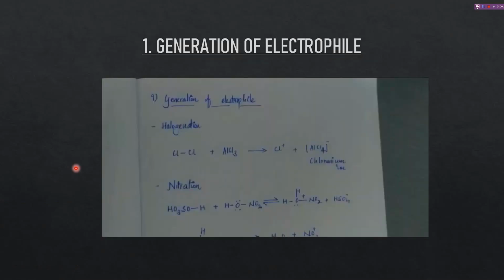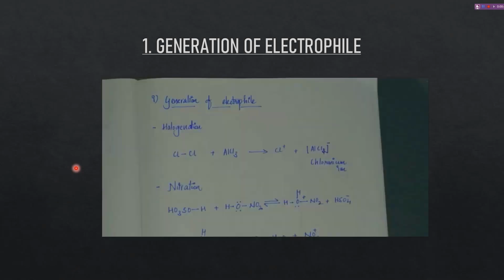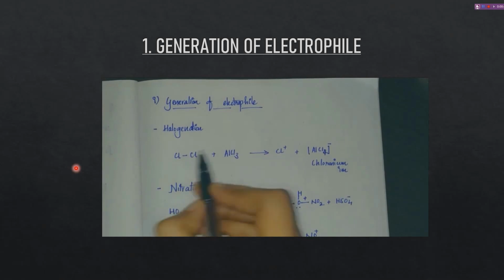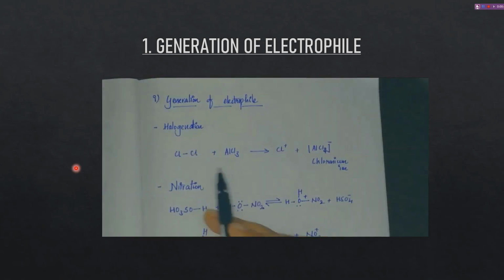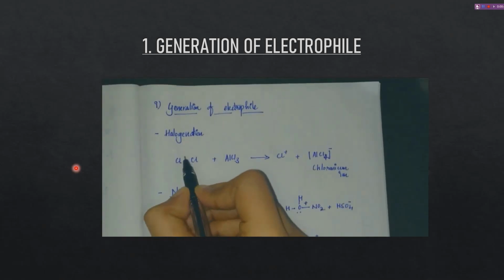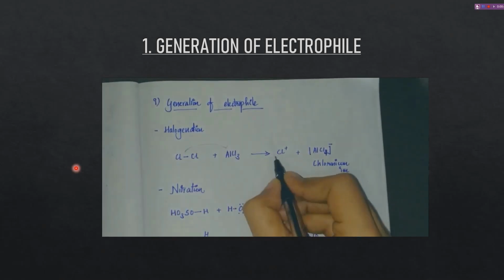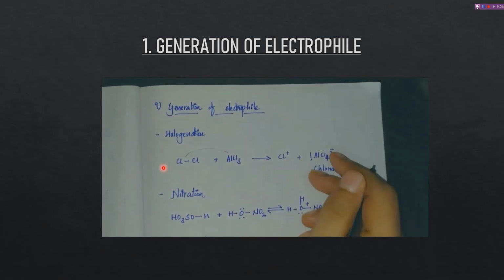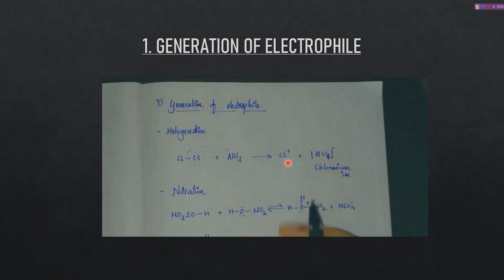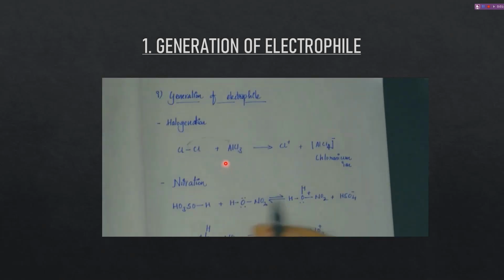The first one is generation of electrophile. Here you can see from Cl2 the Lewis acid AlCl3 takes away one Cl minus. So the Cl-Cl bond breaks and the electrophile Cl plus is generated with the help of the Lewis acid AlCl3.